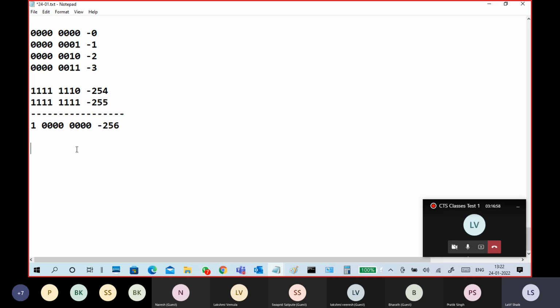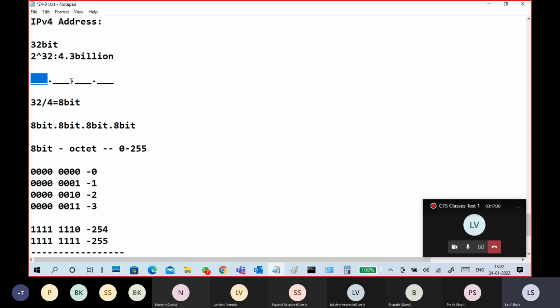Its meaning is the first part is the first octet. Guys, remember each thing, and not just by remembering. When you spell it out, this is the first octet, this is the second octet, like that. So you can remember it and it is easy to understand also. Third octet and fourth octet.